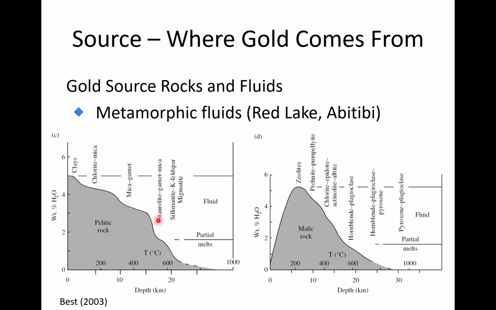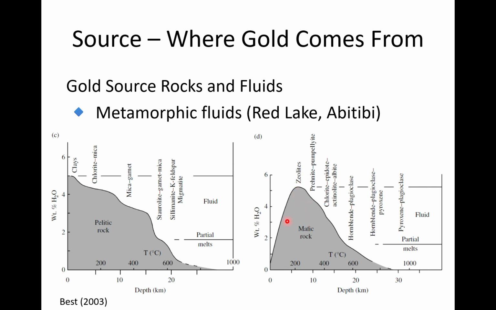Changes in the slope of the release curve are related to beginning and completion of dehydration of major hydrosilicates. And the right panel here is assuming the rock is initially dry and then hydrates to a zeolite facies assemblage with 5 weight percent of water.